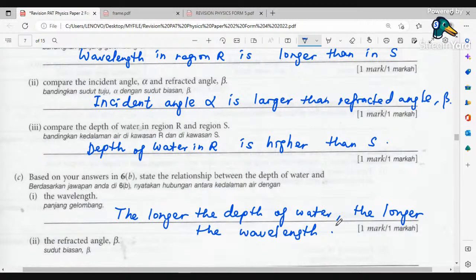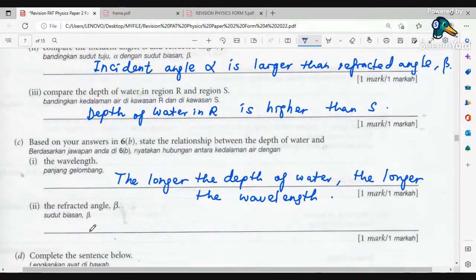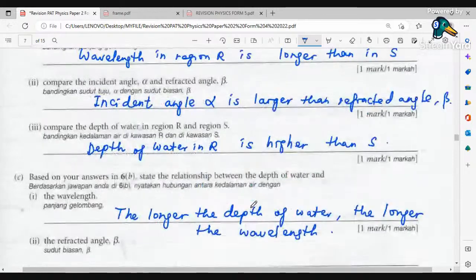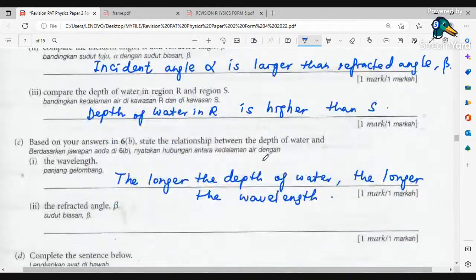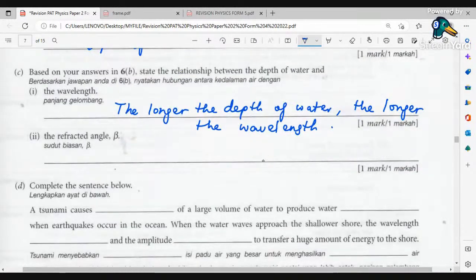You just need to check it carefully. Refracted angle beta, depth and refracted angle beta. Okay. Okay. Refracted angle beta is smaller because region S is shallower. Mean the shallower, okay, the depth of water, the smaller the refracted angle beta.